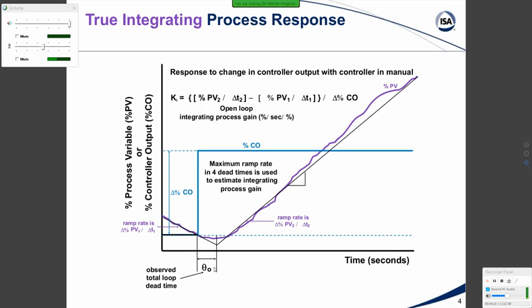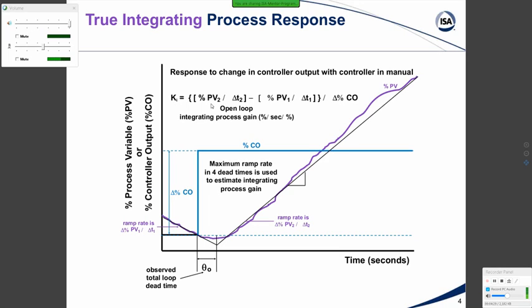It's kind of difficult unless you take into account what's happening here also with resolution and noise band limits, but we can do it, and so we get an integrating process gain, that is the change in ramp rates here, and we do everything in percent because that's what the PID algorithm works in.